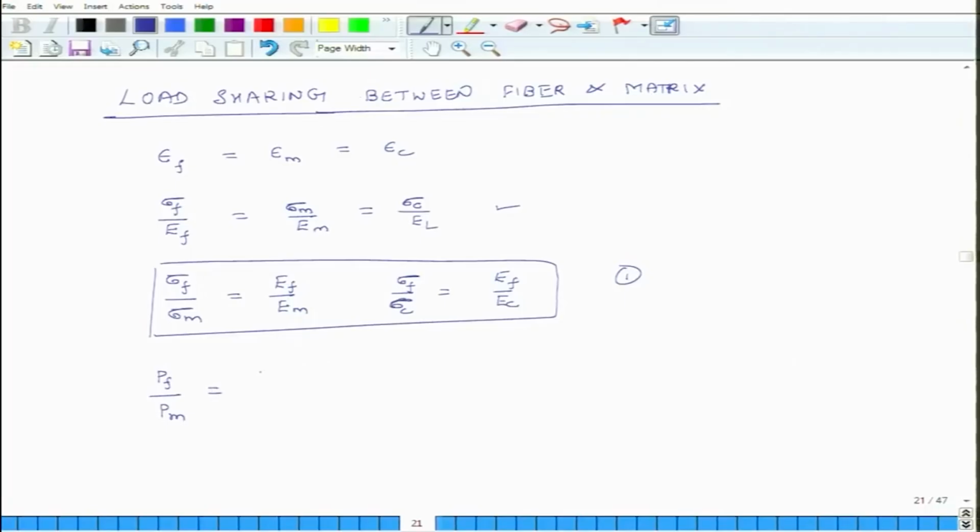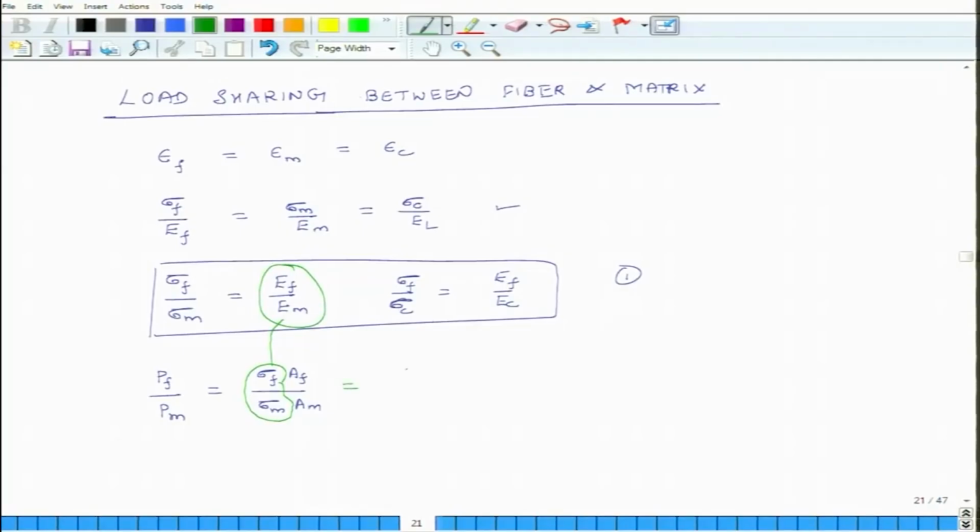So, what is Pf? It is the stress in fiber times Af, and what is Pm? It is the stress in matrix times Am. Okay. Now, we just computed the stress ratio.